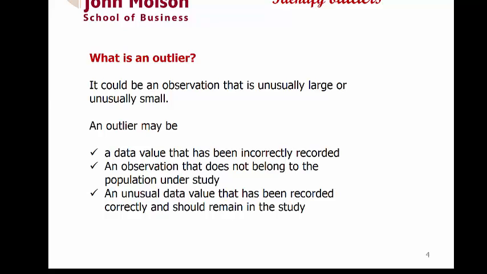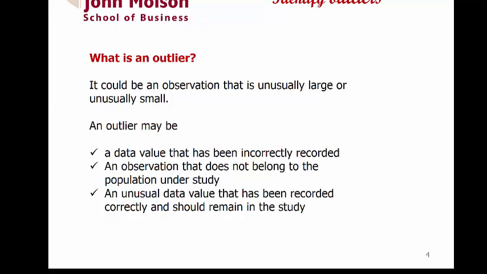What is an outlier? It could be an observation that is unusually large or unusually small. We have to be careful. An outlier might be a data value that has been incorrectly recorded, maybe there is an additional 0 that should not have been there. Once it is identified, we should correct it. It could be an observation that does not belong to the population under study.